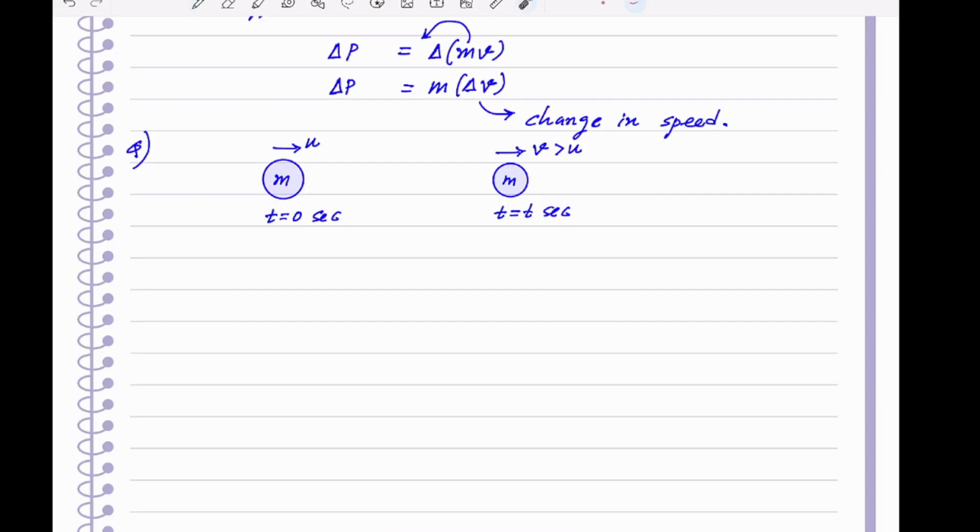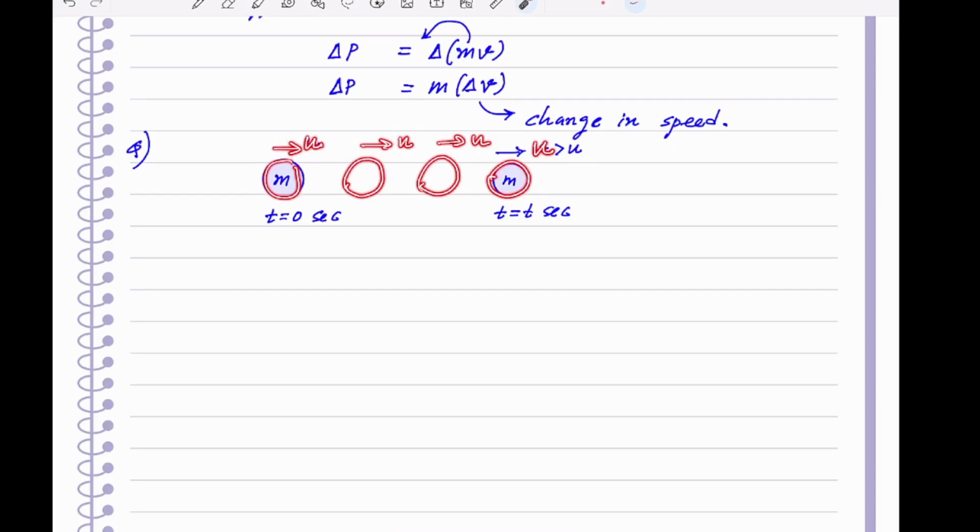Now, what is Newton's first law? Newton's first law says, if there is no external force acting, this u is maintained. That means when it comes here, it is going to be u. When it is coming here, it's again u. When it comes to here, it should be u, right?